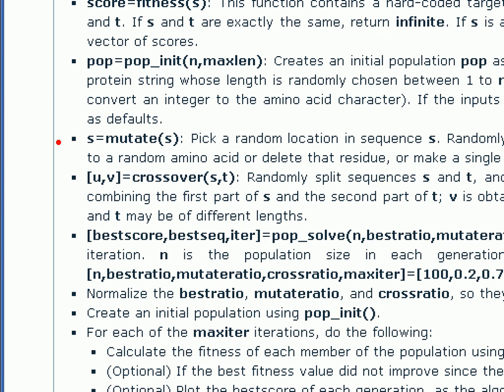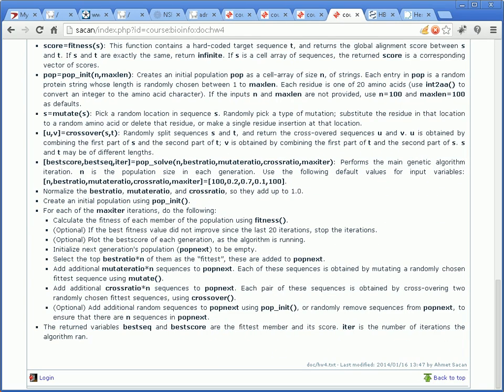No, you three. So you'll do the population solve, all right? And you two could work on the population init, and all the way in the back, the three of you could work on the crossover function.